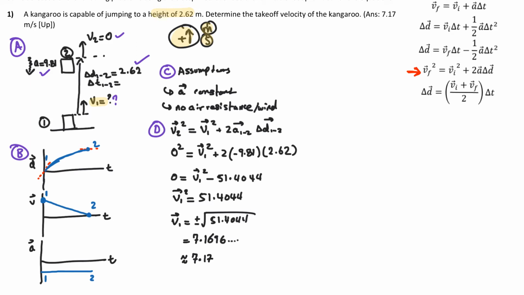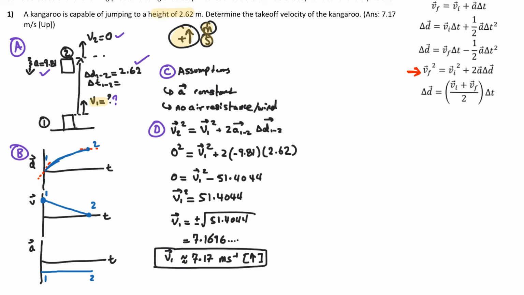My unit is meters per second, and my direction is going to be in the positive direction there, so that's up. And I can just put an arrow there. I'm going to box my final answer, and this is the initial velocity. And it does say velocity, so we do need to include the direction. If it had just asked for speed, we could avoid the direction there.